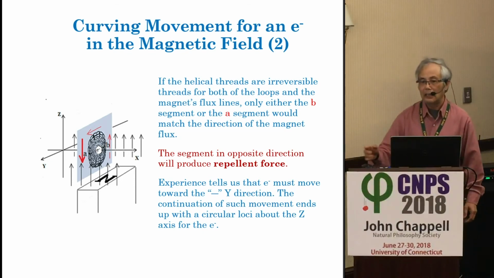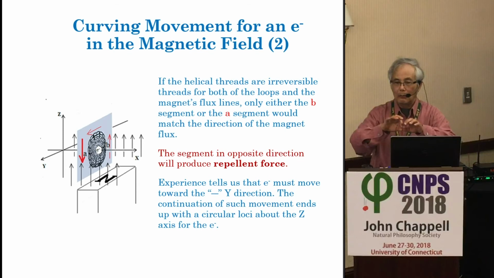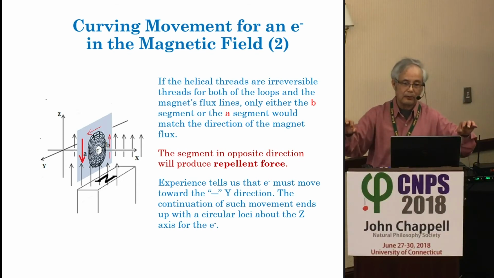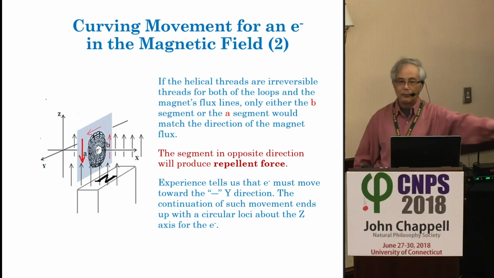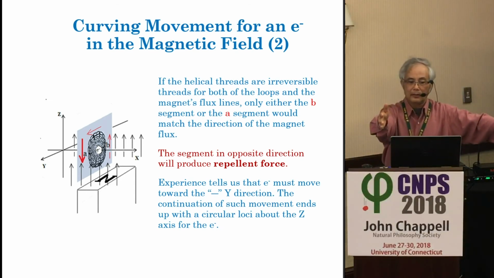That's how an electron or a conductor, when there's a current, must move sideways from the direction of the current.